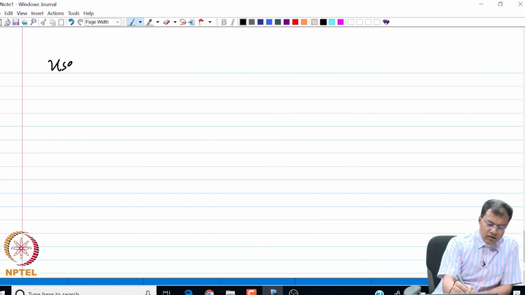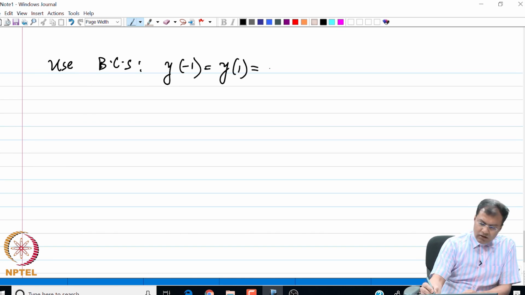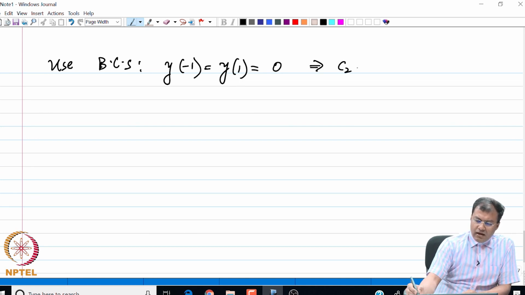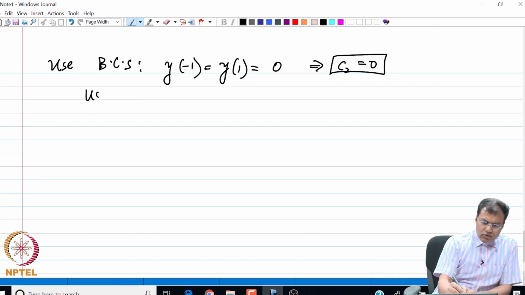So, using boundary conditions, y of minus 1 is equal to y of 1, which is also equal to 0, and from here I immediately figure out that C2 is 0, right. Further, we haven't used our isoperimetric constraint.